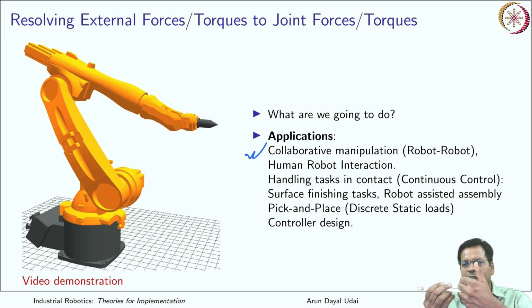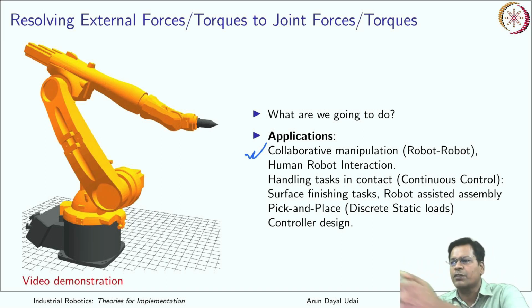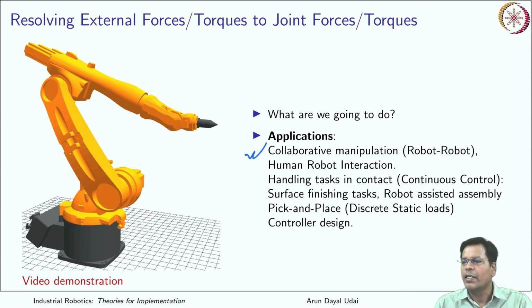As soon as it feels the force, it has to generate an equivalent amount of torque so that it can maintain the constant force, and if required, it can move along with the master robot. So that kind of robot collaboration can be achieved.